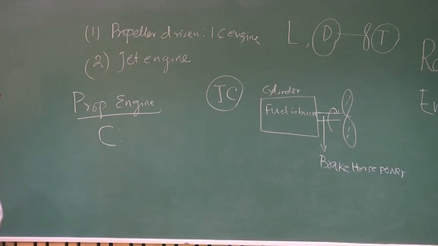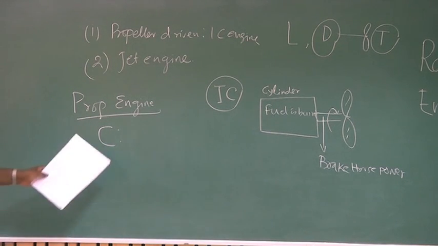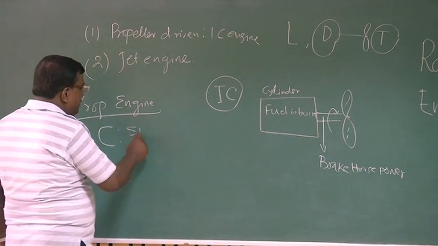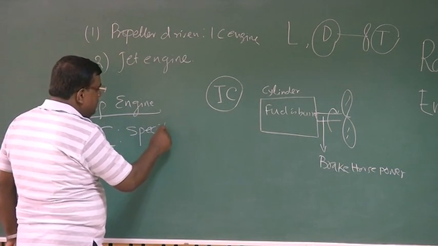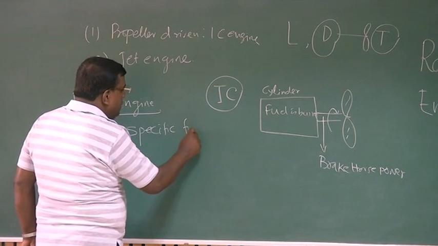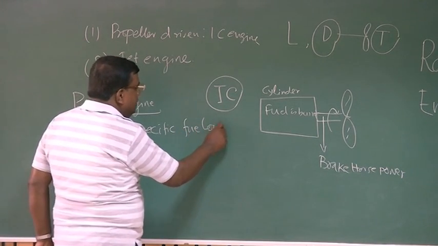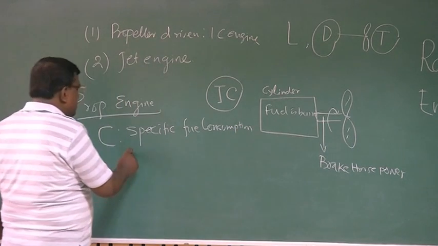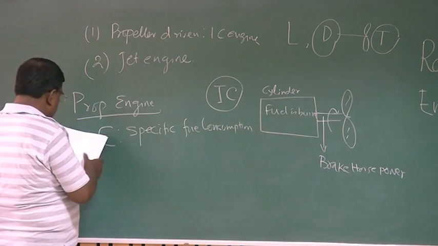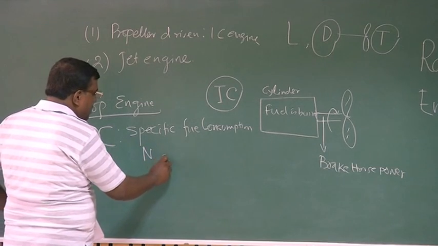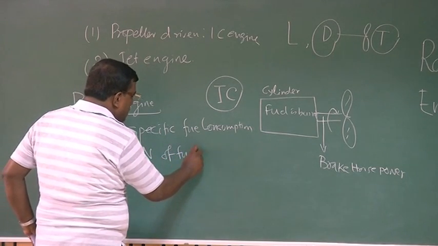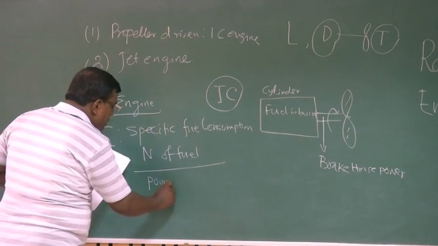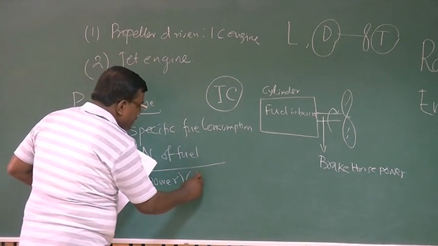We are representing it by C, which we call the specific fuel consumption. Typically, this is defined as Newton of fuel consumed per unit power per unit second.